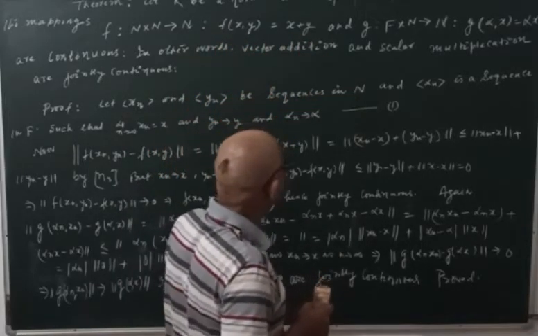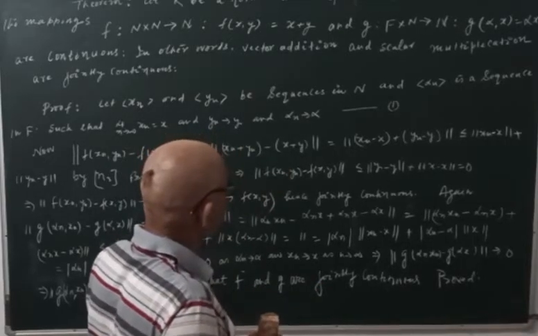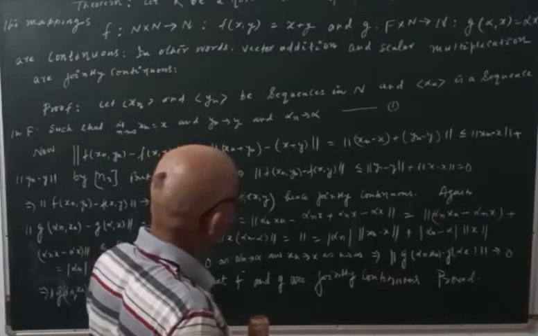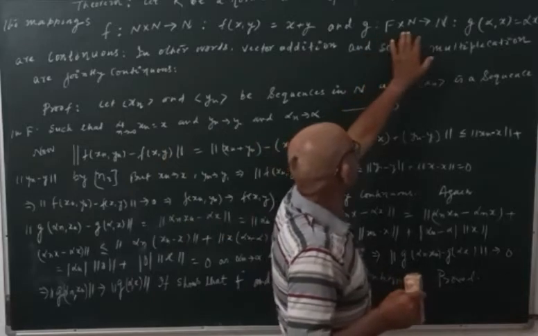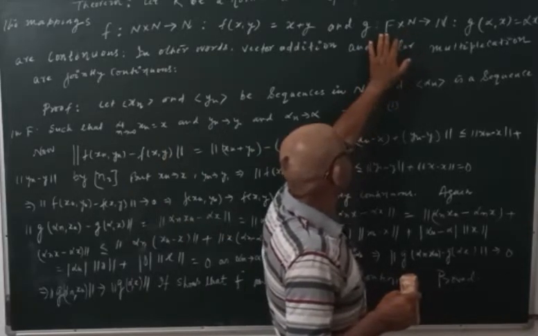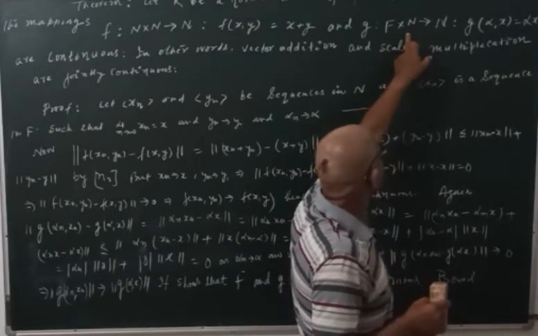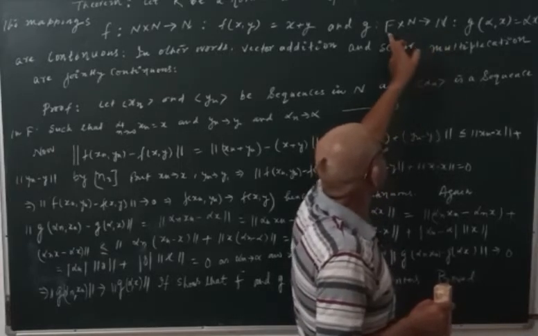If we take another mapping g from a scalar field and a vector space, a linear space, then one set is F, another set is n. F is the set of all scalars, that is F is a field and n is a vector space, and this mapping goes to a single set n, where n means the product space.